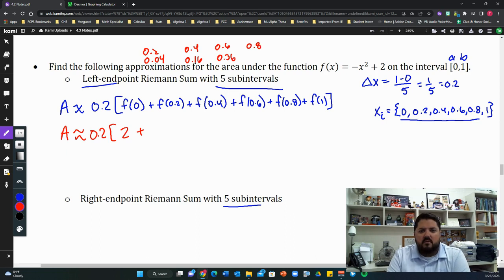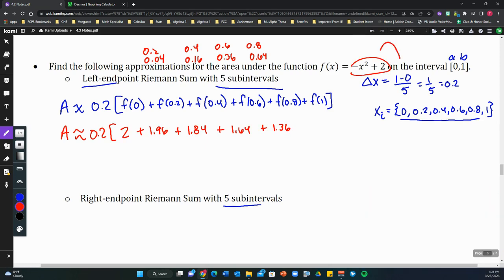And then 0.8 squared is 0.64. Basically, I'm going to take each one of those, think about dollars and cents, and subtract it from 2. So $2 minus 4 cents, that would be 1.96. Minus 16 cents, 1.84. Minus 36, 1.64. And then minus 64 is 1.36.